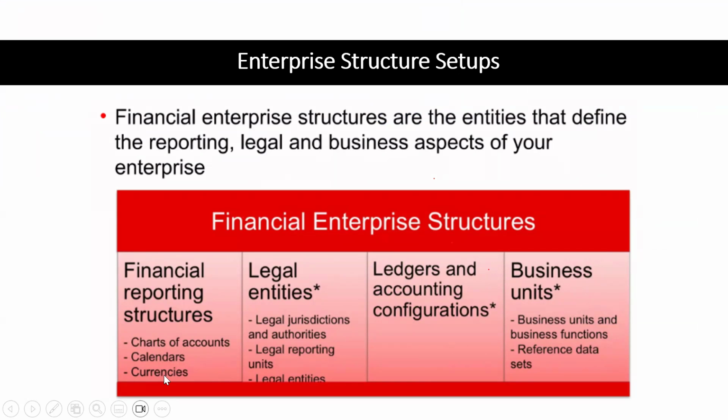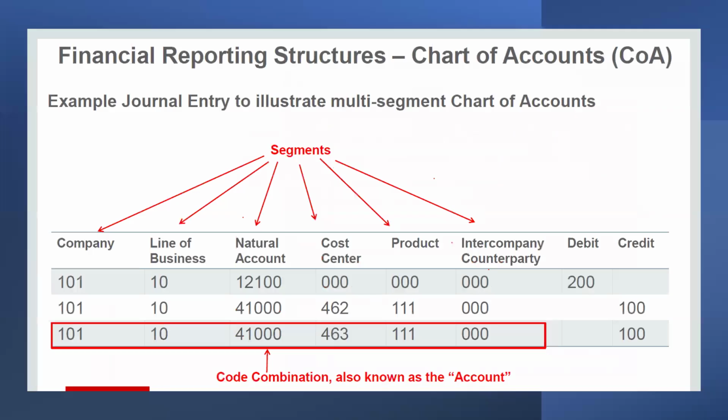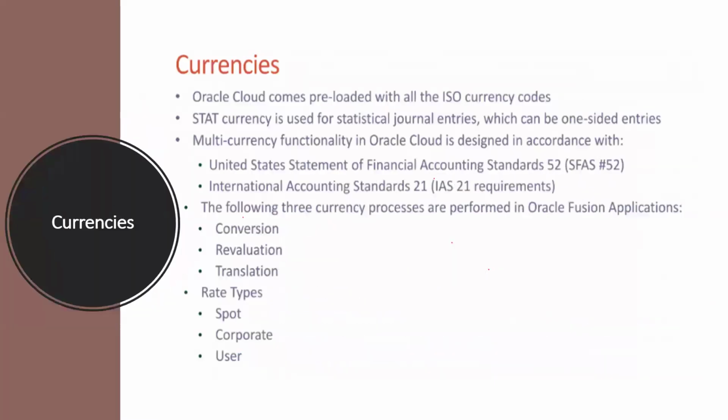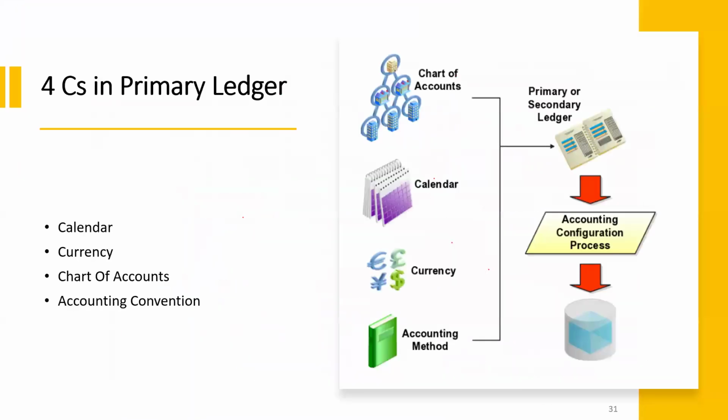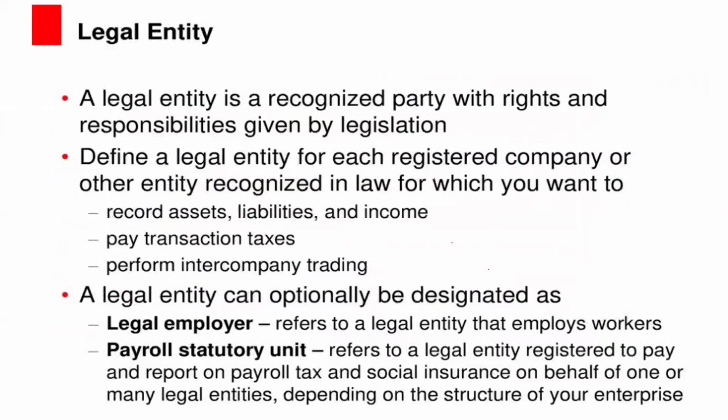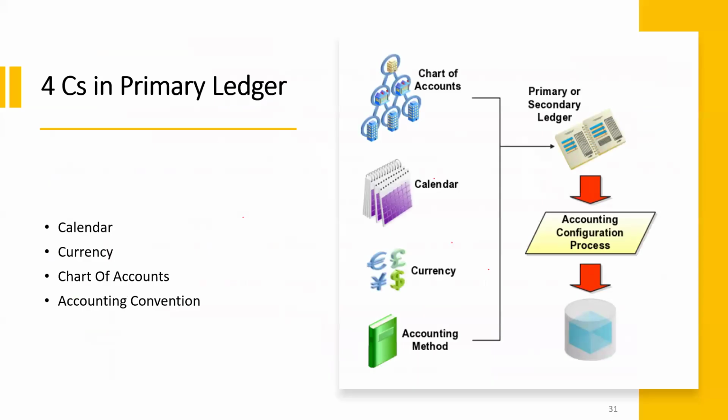These concepts we covered. Next level is ledgers, legal entities, and business units. We will discuss these three topics, primary ledger, legal entity, and business unit, in the next session.